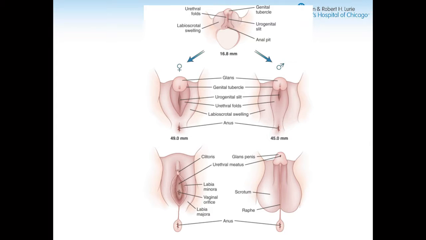Then you have what's called urethral folds here and the internal part, and that becomes the labia minora in a typical female, and it becomes the shaft of the penis here in a male. And then you have labioscrotal swellings, which become the labia majora in a female and the scrotum in a male. And then really the clitoris and the penis come from that same structure, and it's just with the effect of testosterone that you see growth of the penis and that zipping up process that happens. But everybody starts out exactly the same.